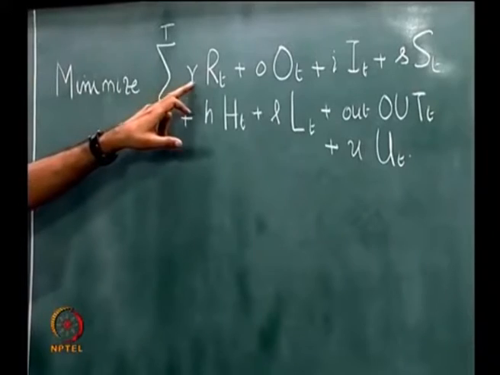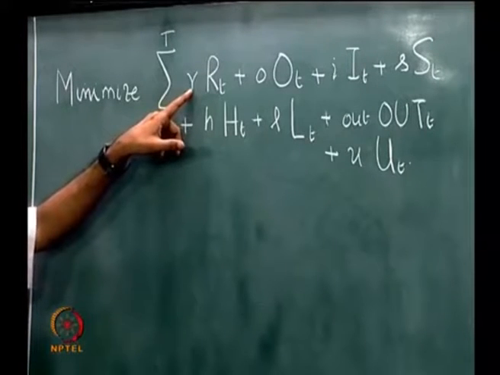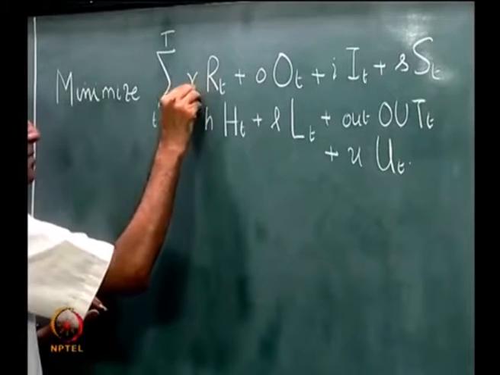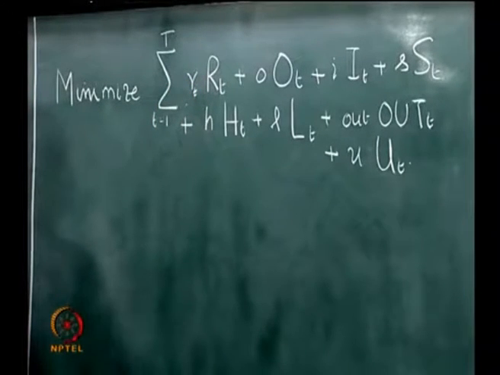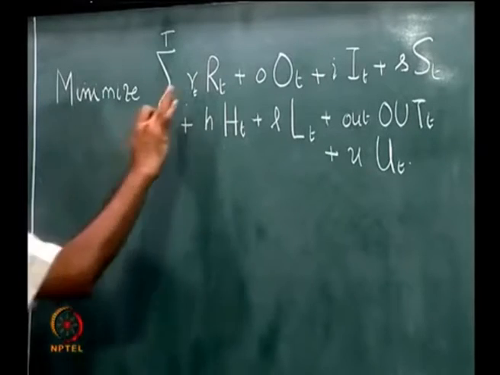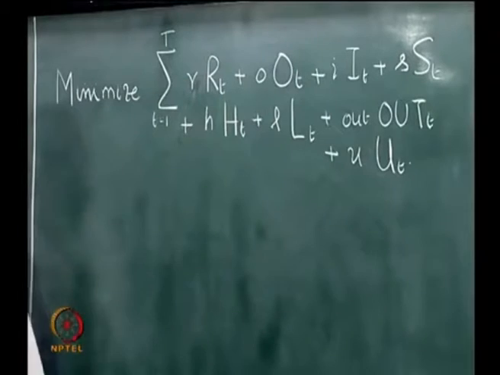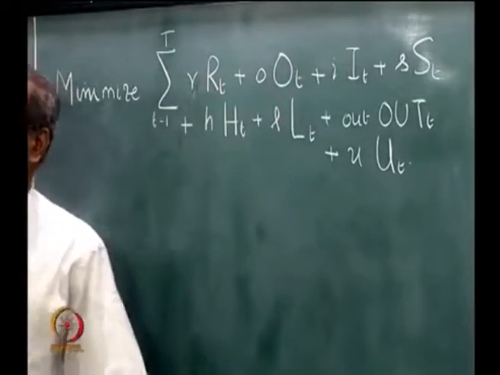We could consider that this r is constant across all periods, or we could have this r changing across all periods, and if it changes then we would add a small subscript rt which says this is the regular time cost in period t. But if this cost is going to be the same across all periods, then we will use this. Similarly, we used all these values.